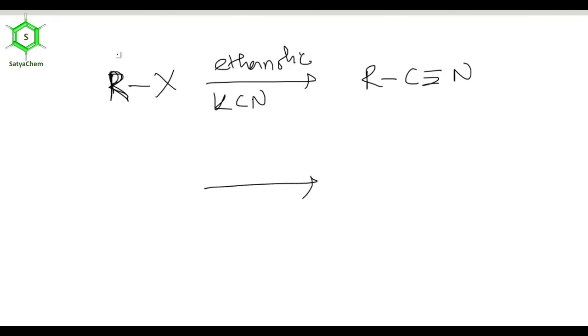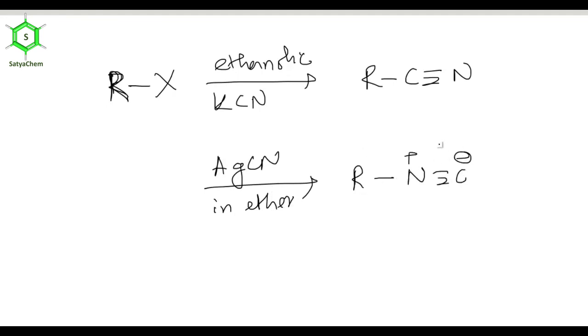But if you treat RX with AgCN, the solvent is ether, then the product is alkyl isocyanide. We are getting a completely different product. Why?